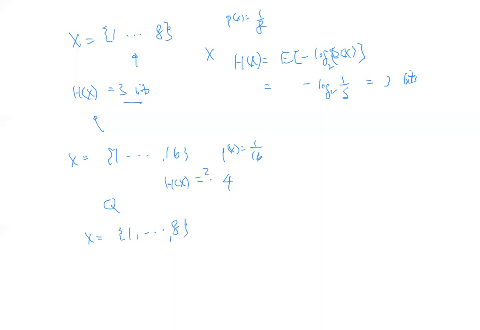Let's say p1 and p2 are equal to 1/4, p3 and p4 are 1/8, p5 and p6 are 1/16, and p7 and p8 are maybe 1/4 again, or maybe 1/8.